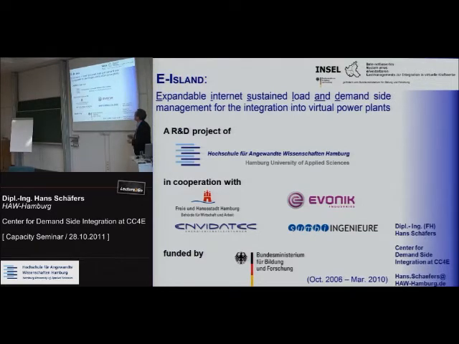So we cooperated in this project with the city of Hamburg and Evonik Industries, which was probably the breakthrough, because they said, if you are finding a lot of capacity, we are going to integrate it in our concept. They have a virtual power plant running that is just delivering tertiary reserve capacity.